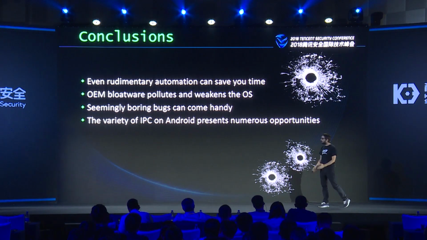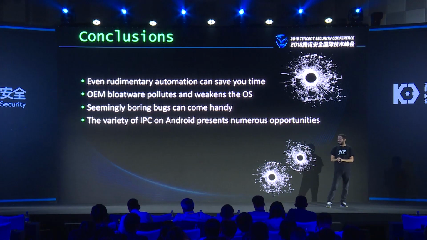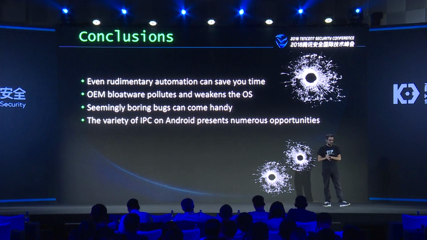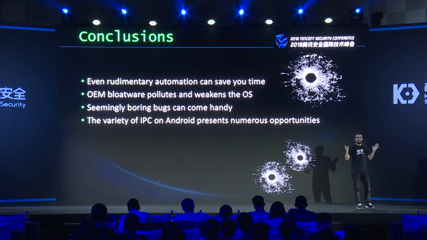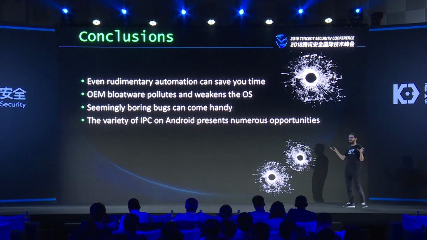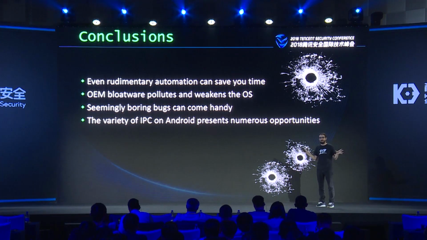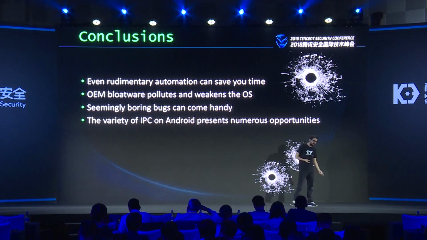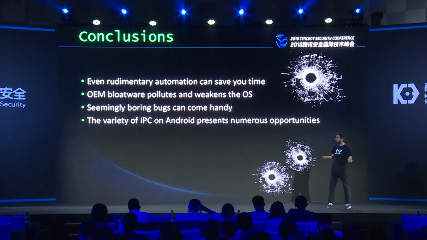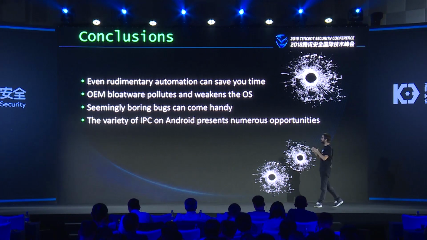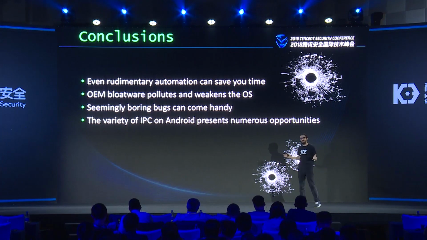And last but not least, Android is a complete nightmare in terms of IPC variety. So applications on the phone have so many ways to talk to each other. We have content providers, file providers, broadcast receivers, and activities, and implicit and explicit intents. There are so many ways to talk to each other and exchange information.